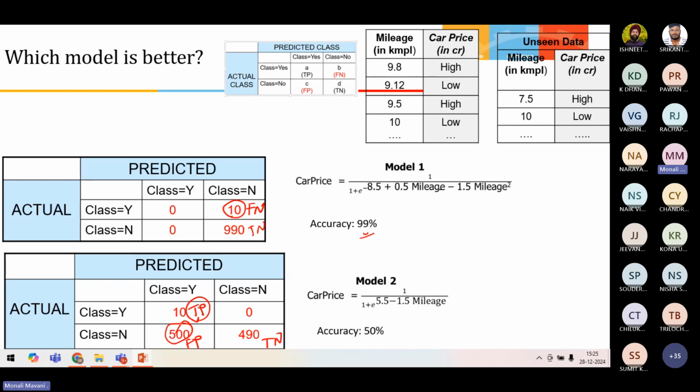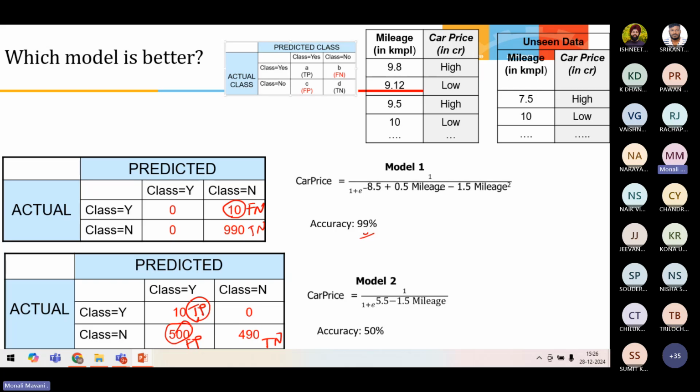I'm okay with that, but I don't want to leave out anybody having cancer. So say 10 people have a disease, and out of this, 500 false people have been identified as having cancer.